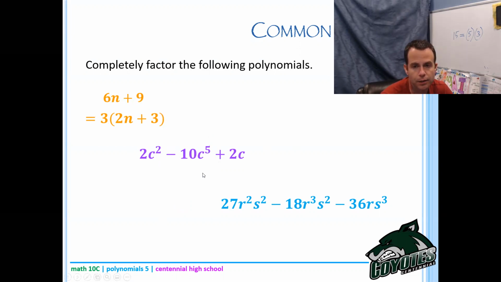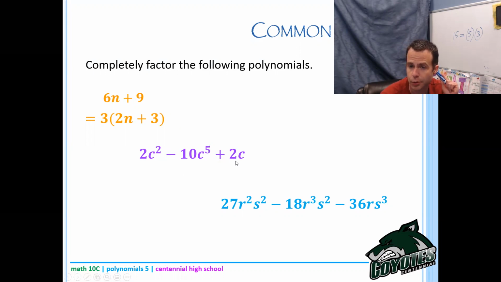This guy, when I look at the greatest common factor, the greatest common factor is going to be 2c. A very, very common mistake that kids make here is they tell me that my answer will be 2c, and then they say it'll be c minus 5c cubed, and they stop there. Now, the problem with that is they ignored this term.